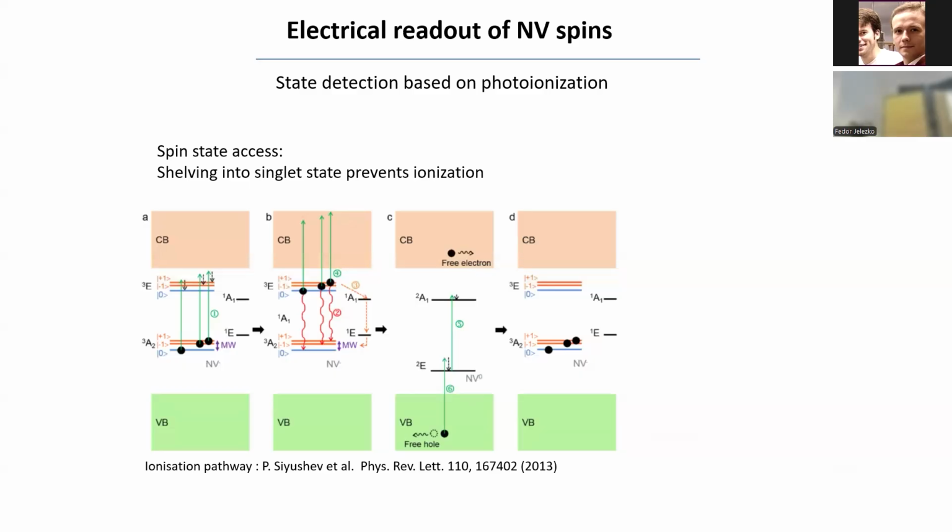And from here, the energy of the photon is not enough to ionize. So the green photon can take your electron from the excited triplet to the conduction band, but not from 1E. That means this state protects you against producing photocurrent. This is also the dark state in the ODMR. So it's a 1-to-1 sort of correspondence.